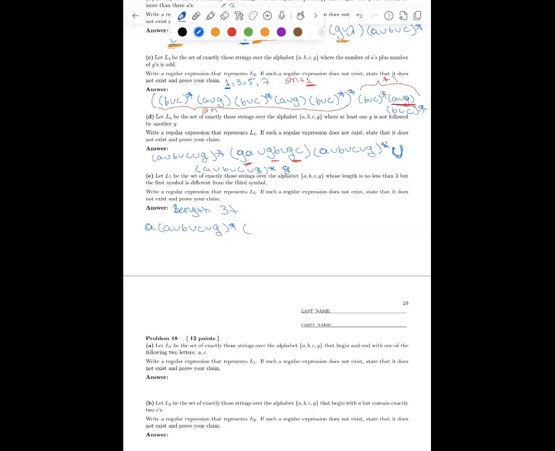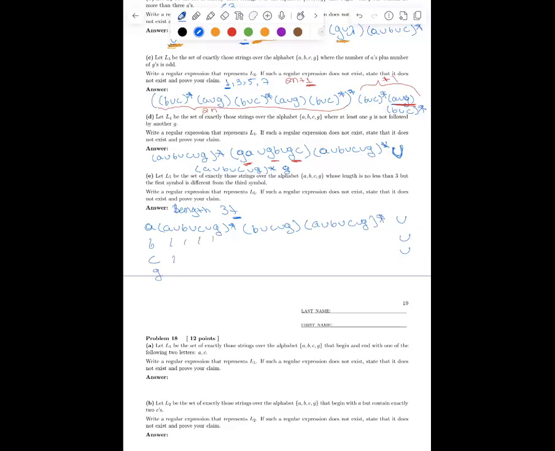So I cannot have A, which makes it B or C or G. And then because I need to take care of the plus part, I can have A and B or C or G, clean start. You do that with B, you do that with C, and you do that with G.